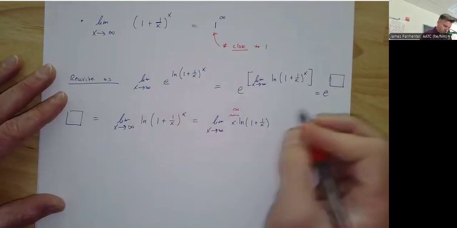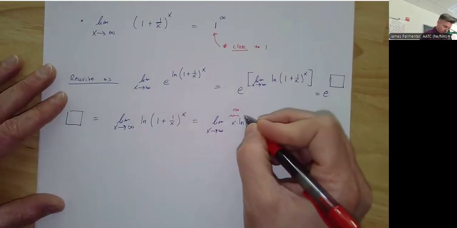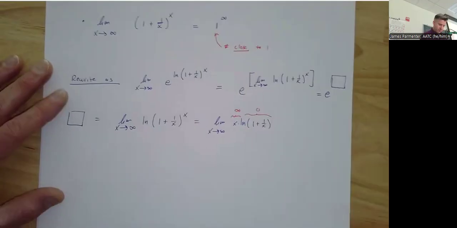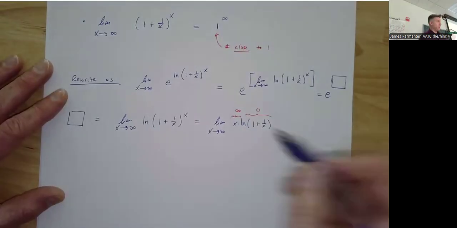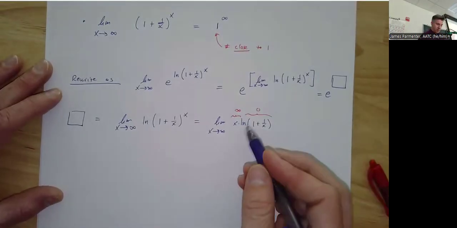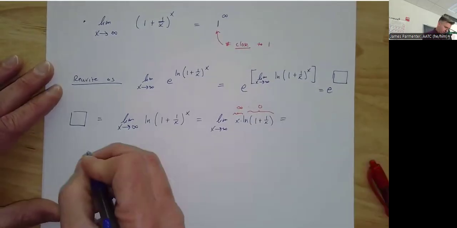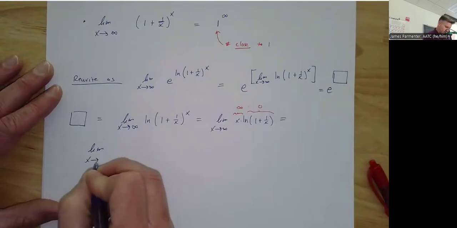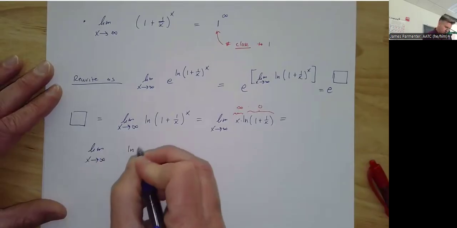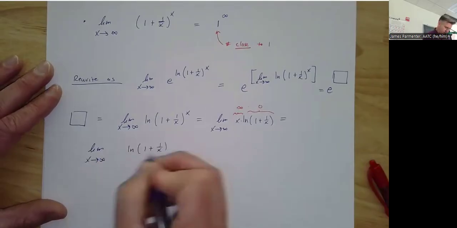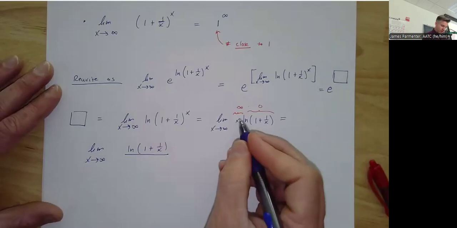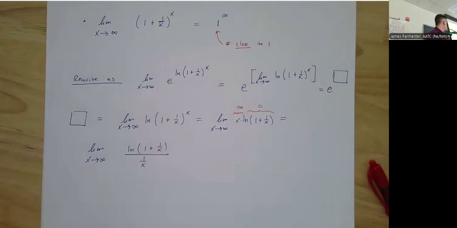Natural log of 1 plus 0 is going to the natural log of 1, which is 0. And then we bring the less terrible part to the bottom, clearly the x, not the natural log of grossness. So we have the limit as x goes to infinity of leave the natural log of 1 plus 1 over x on top, divide by the reciprocal of x, which is 1 over x.